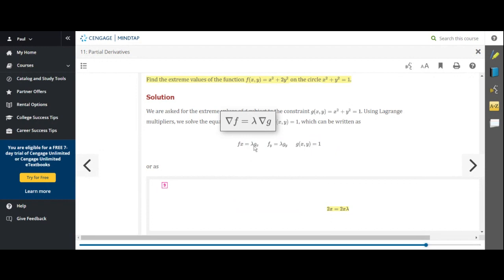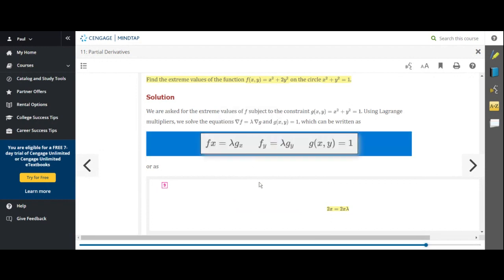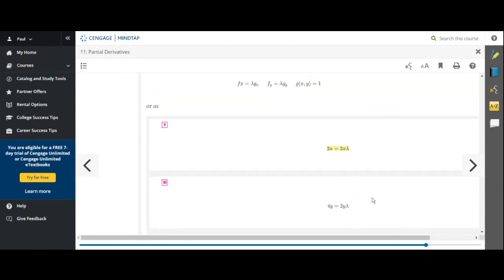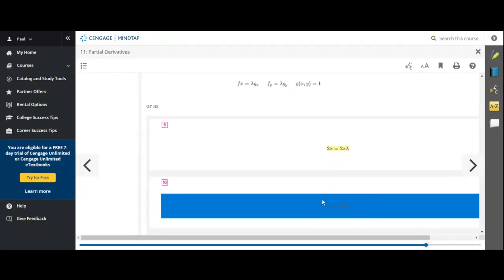So they say, okay, if that's the case, then the partial of f with respect to x equals lambda times the partial of g with respect to x, and the partial of f with respect to y equals lambda times the partial of g with respect to y. Those have to be satisfied, and you still need the constraint to be equal to 1. So you come up with two equations.